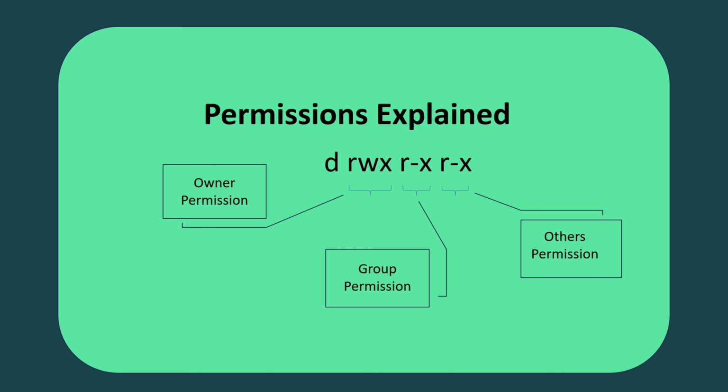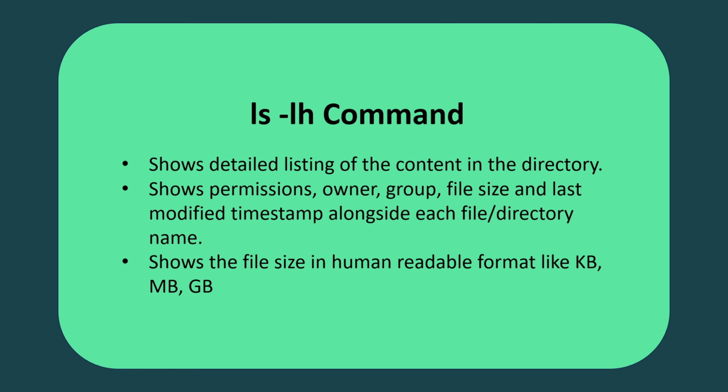Okay. Then we also talked about the permissions of directories and files. So we saw that when we type the ls -l command, we get certain characters in the first column, right? So we found out what those characters mean and how we can find out the different permissions of owner, group, and others. Then we discussed this command, which is ls -lh, and it basically does the same thing which ls -l does.